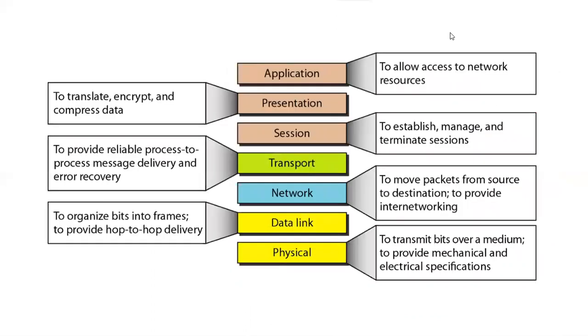All these are the different functions of the different layers. So this is a summary of it. The application layer allows access to network resources; presentation handles translation, encryption, compression; session establishes, manages and terminates sessions; transport is for process-to-process delivery; network is from source to destination; data link is for hop-to-hop delivery; and physical is for transmission of the bits over a media.